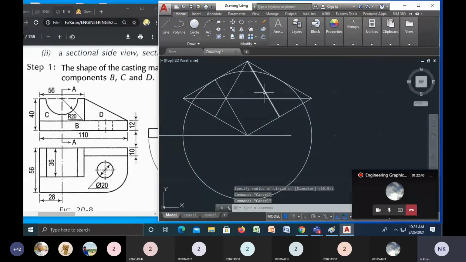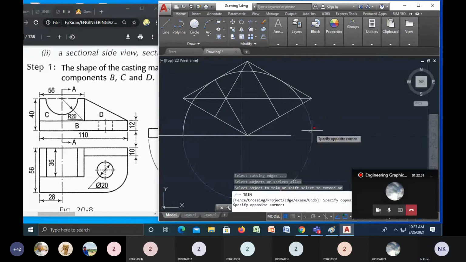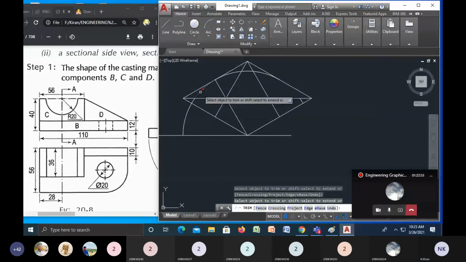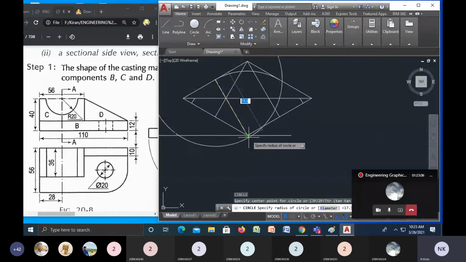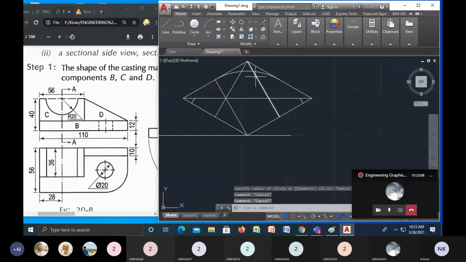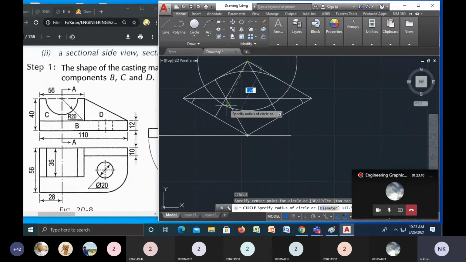I am not drawing all the lines because I know the points, that's why I am not drawing all the points. If you are perfect, you can draw like this also. Again C enter, from this point, from this point. C enter, from this point.